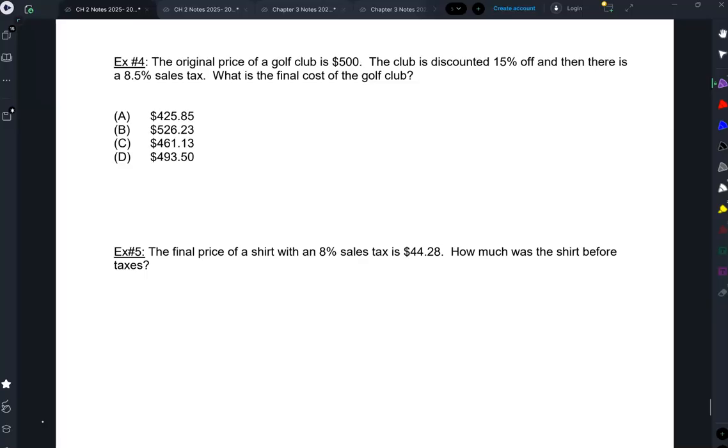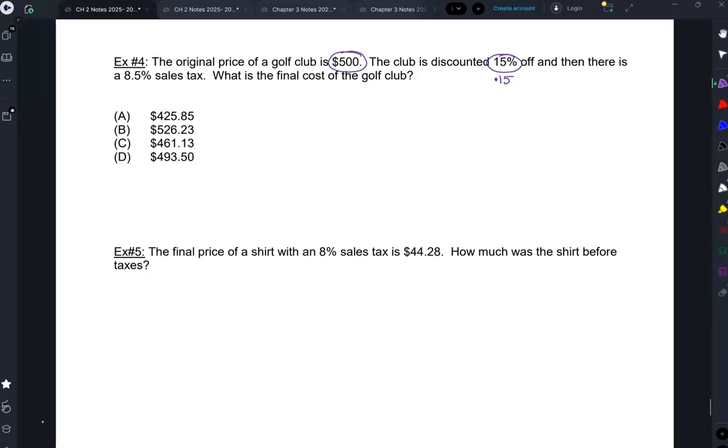All right. So the original price of a golf club is $500. The club is discounted 15% off. And then there is an 8.5% sales tax. So what is the final cost of the golf club? So this is the original. There is a discount 15%. So this is like multiple parts. First let's do that. 15% we're going to use as a decimal is 0.15.